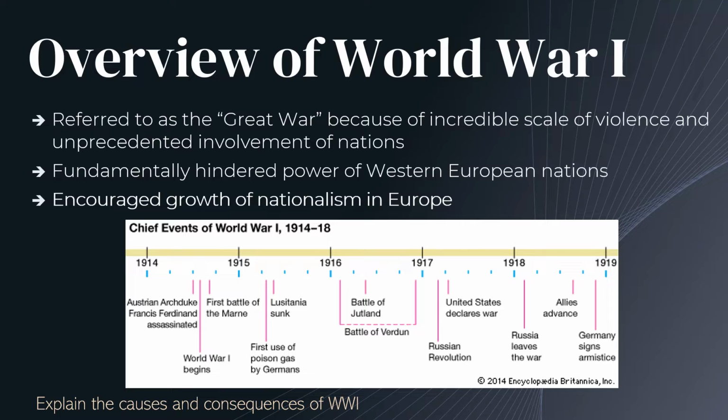Let's take a look at our timeline. World War I is called the Great War, not because it was a fantastic fun time. The scale of violence was huge, it was unprecedented, and the number of nations and the scope of involvement was enormous. It wasn't just the European powers, but because we're in a period of imperialism, we've got the colonized countries coming in.